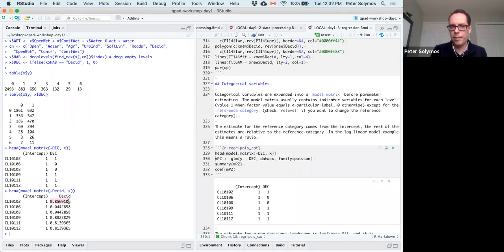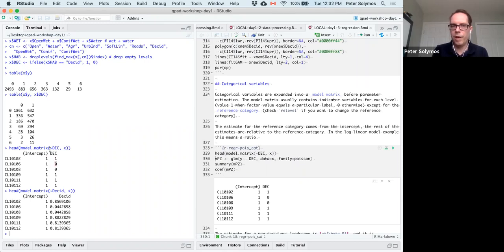This one becomes the coefficient times 0.85. That's x1i times beta 1. And if you have a categorical variable, that just becomes intercept plus beta 1, or intercept and nothing.